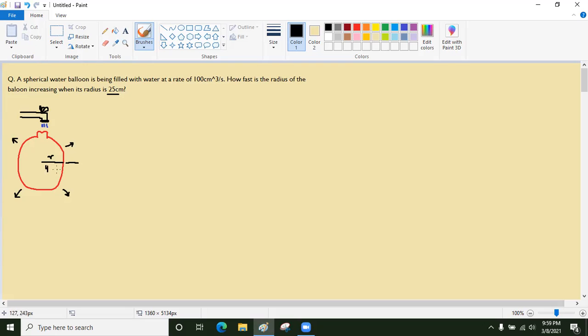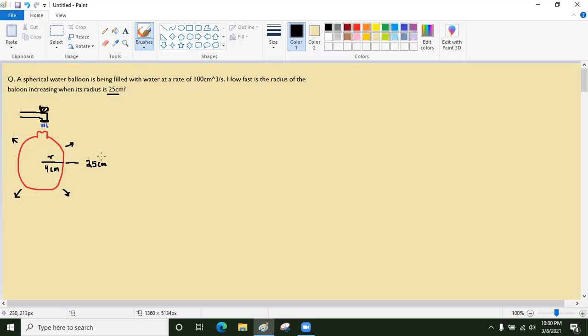Right now, it's, let's say, 4 centimeters. And eventually it's going to expand, if it's flexible enough, and become 25 centimeters. And we want to know at this particular point in time, when the radius was 25 centimeters, how fast the radius was increasing.